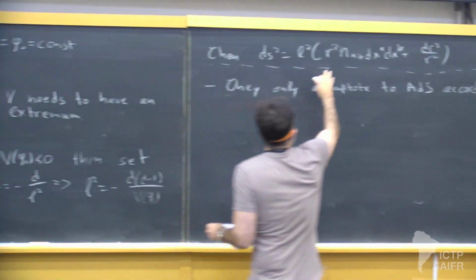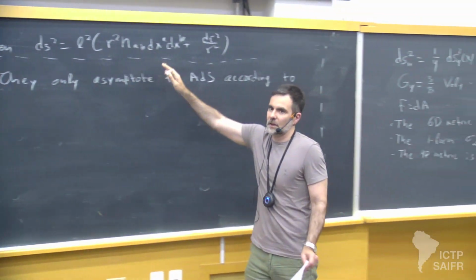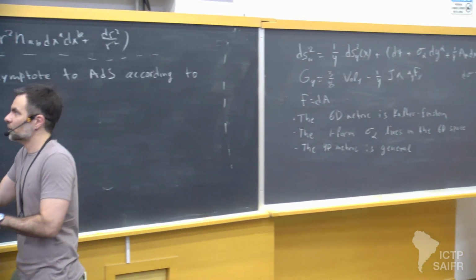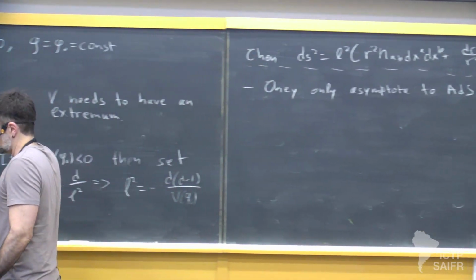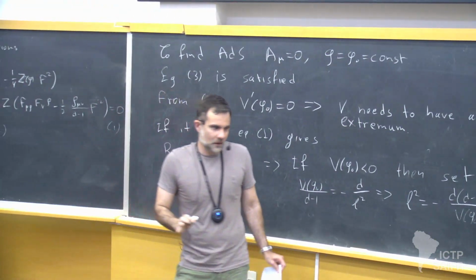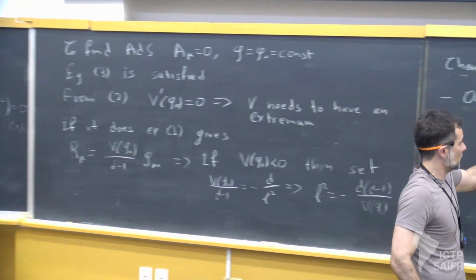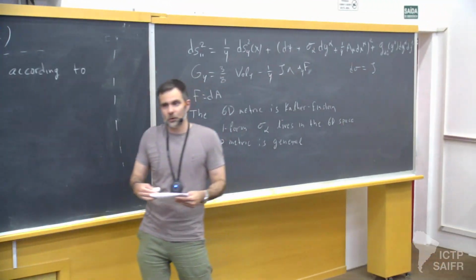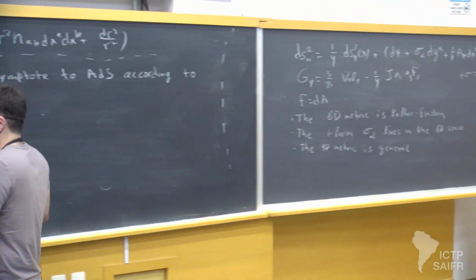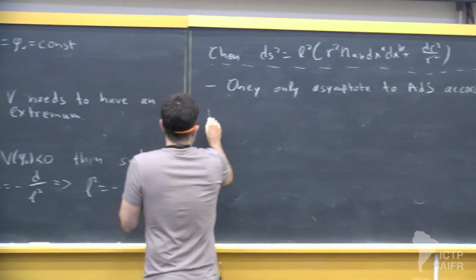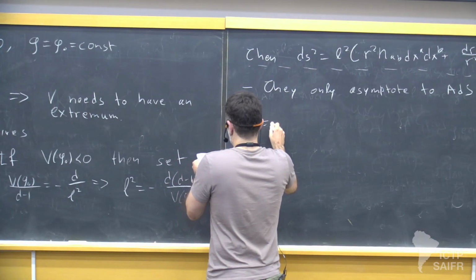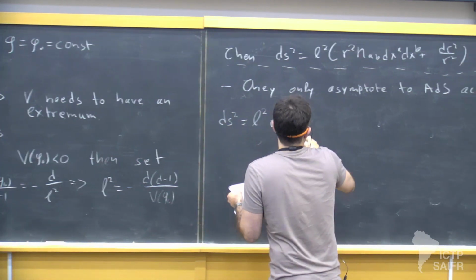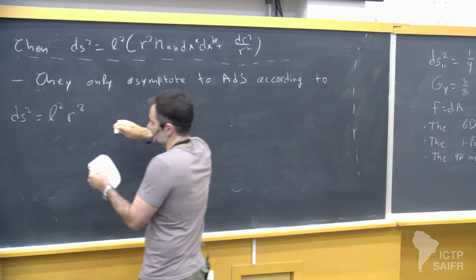So if I think of this metric, of this space, and I think of the regions where the holographic radial coordinate is becoming large, then I want to tell you that there are also solutions which take this form. So the metric takes the form L squared r squared. Okay, this is up to here.